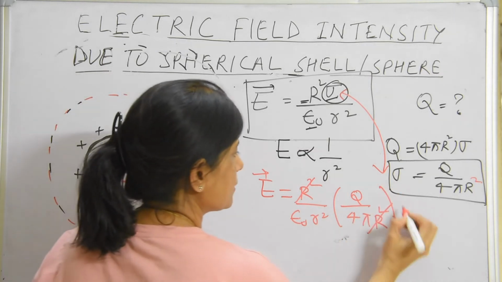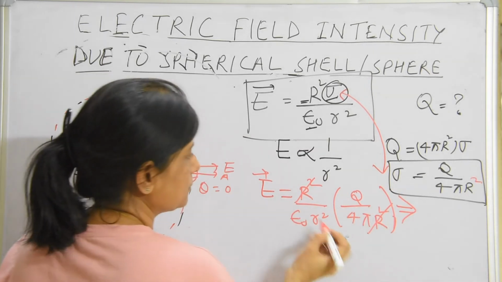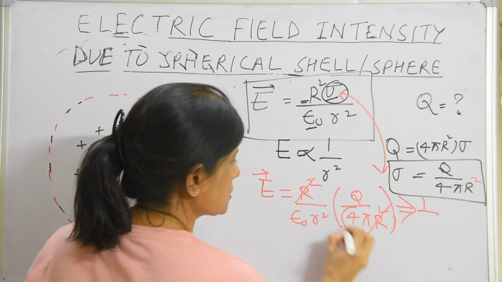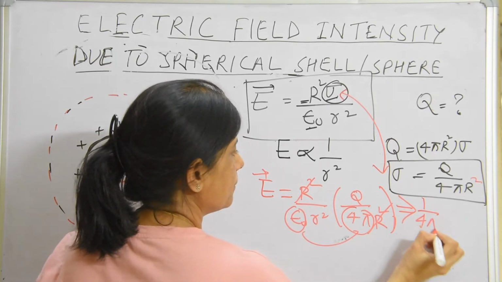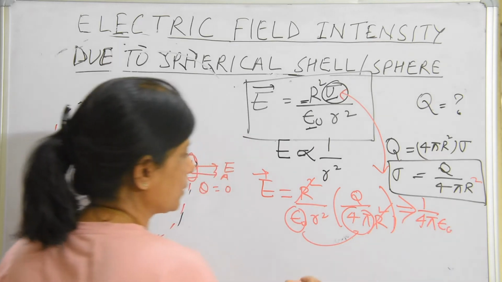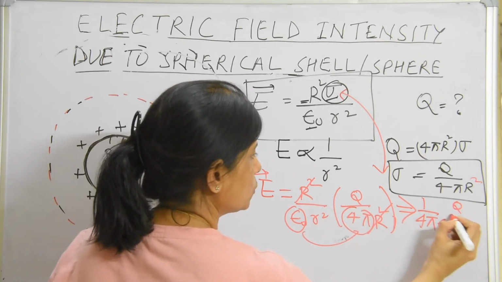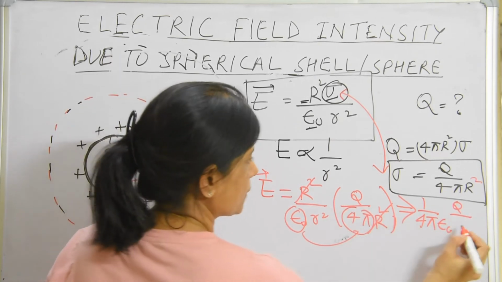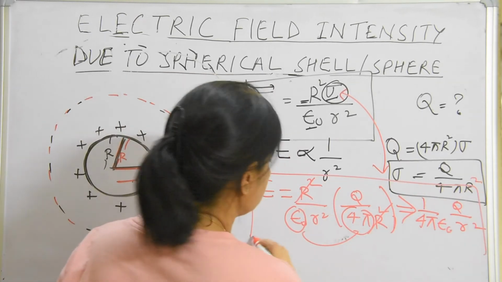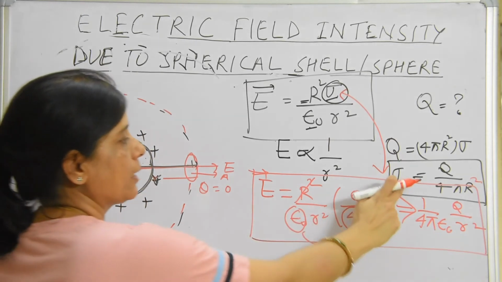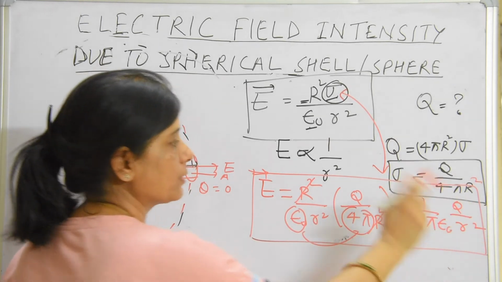So we can write this as 1 upon 4 pi epsilon naught, capital Q upon small r square. Have you remembered this formula? E is equal to 1 upon 4 pi epsilon naught Q upon r square.